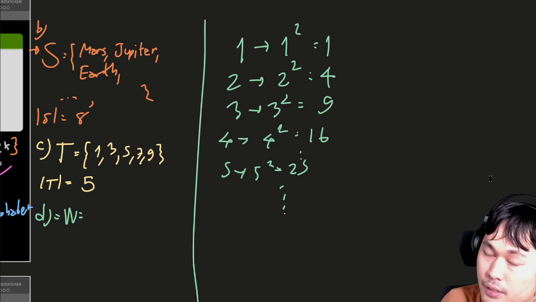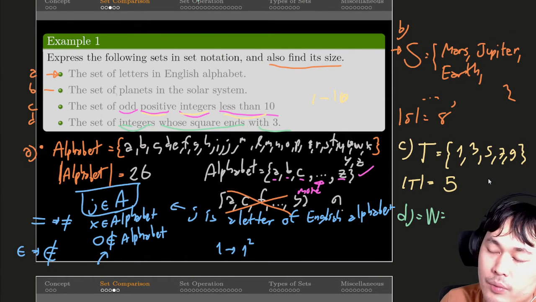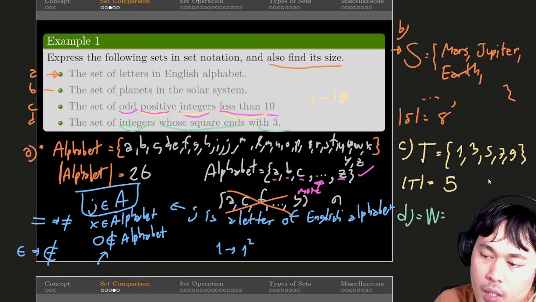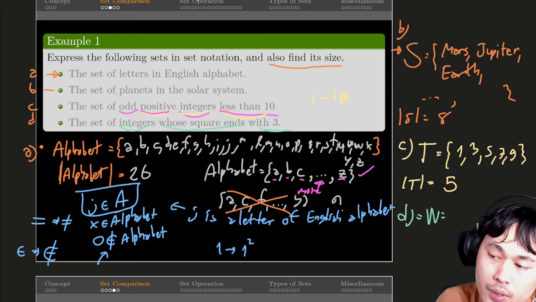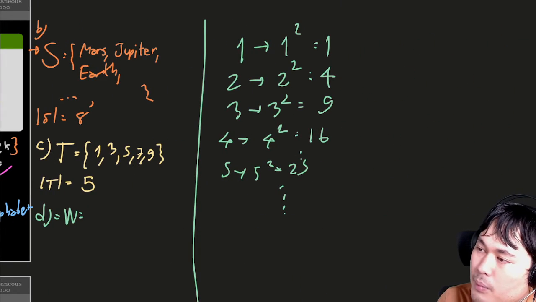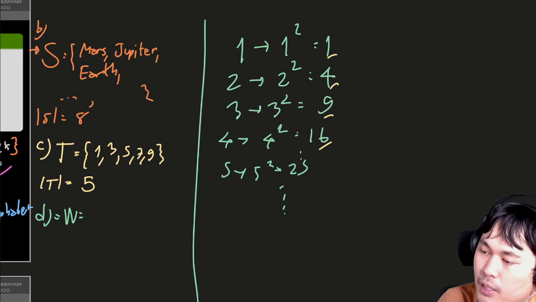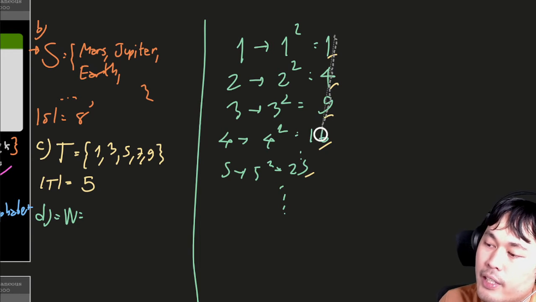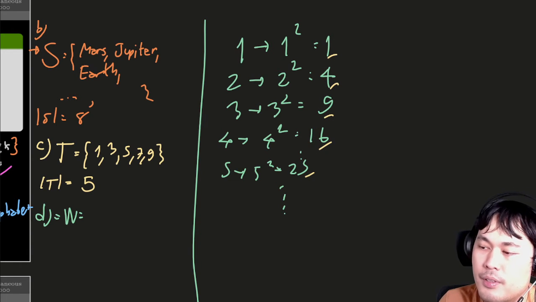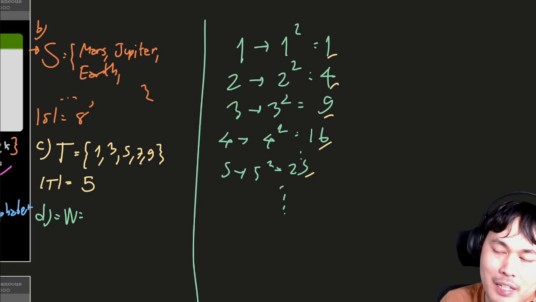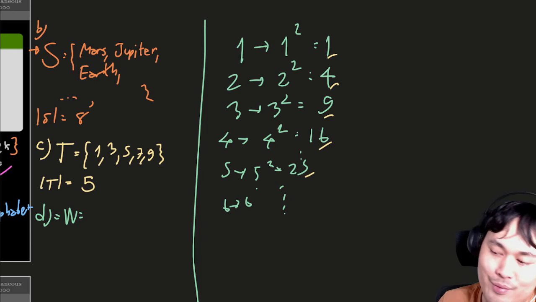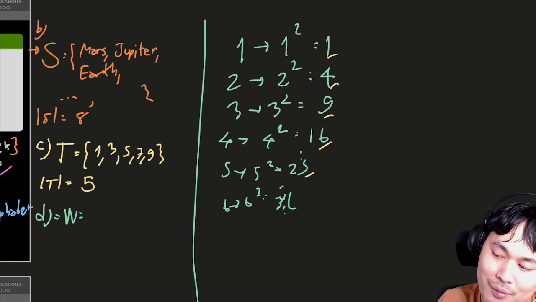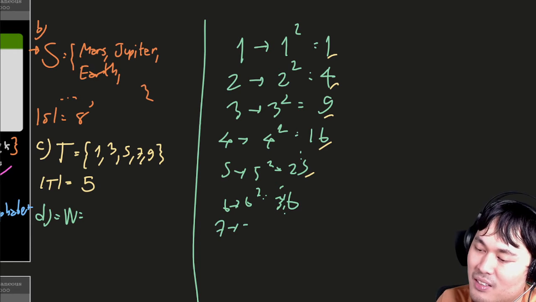And so the question is, what are the integers or whole numbers whose square ends with the digit 3? So we look at those numbers and see what those ending digits are. We have 1, 4, 9, 6, 5. So far we haven't found anything yet. Maybe you believe that if you spend enough time you can find them eventually.